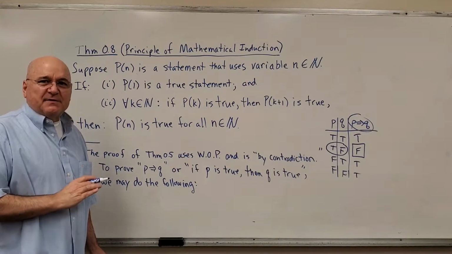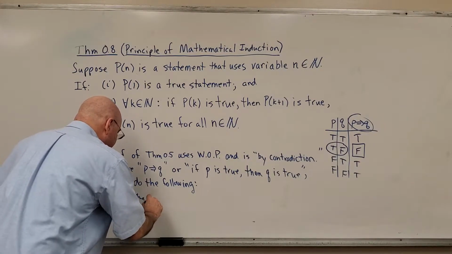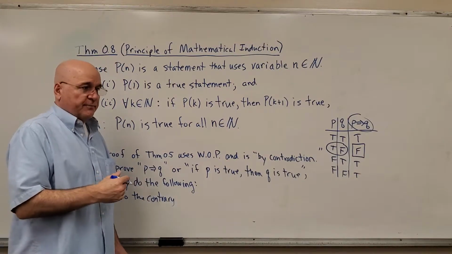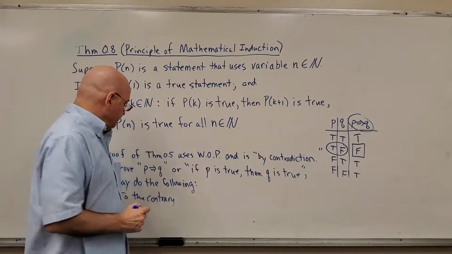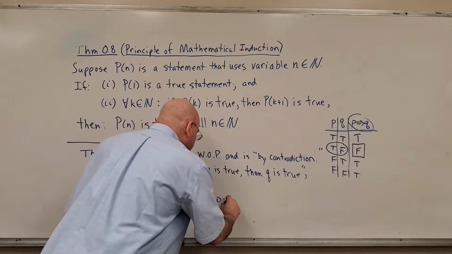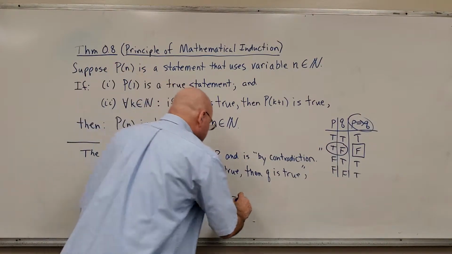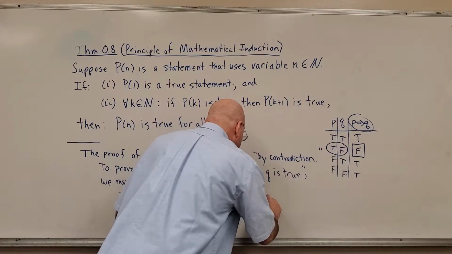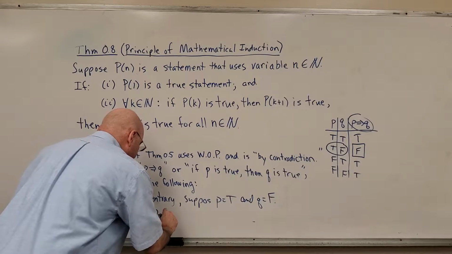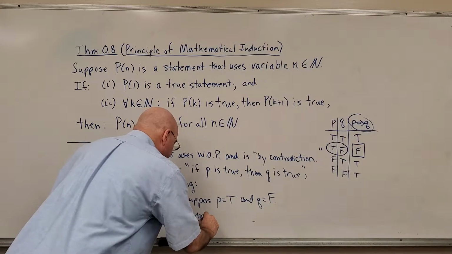My first statement in a proof by contradiction is typically, to the contrary, or maybe, for the purposes of deriving a contradiction, suppose P is true, I'm abbreviating it, P equals T is what I mean for P is true, and Q equals false. And then we just, through algebra or whatever, derive a contradiction to show that that's not possible.